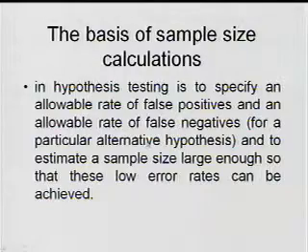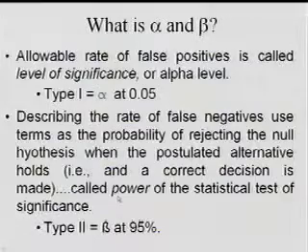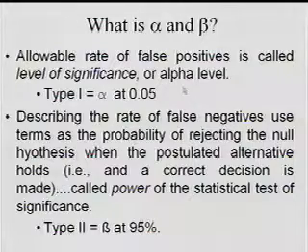We are actually testing with our experimental design. And to estimate a sample size large enough so that these low error rates can be achieved. So again, it's this balance between the power and the sample size such that we get acceptable risk levels for error, and we don't create a difference when a difference doesn't truly exist.